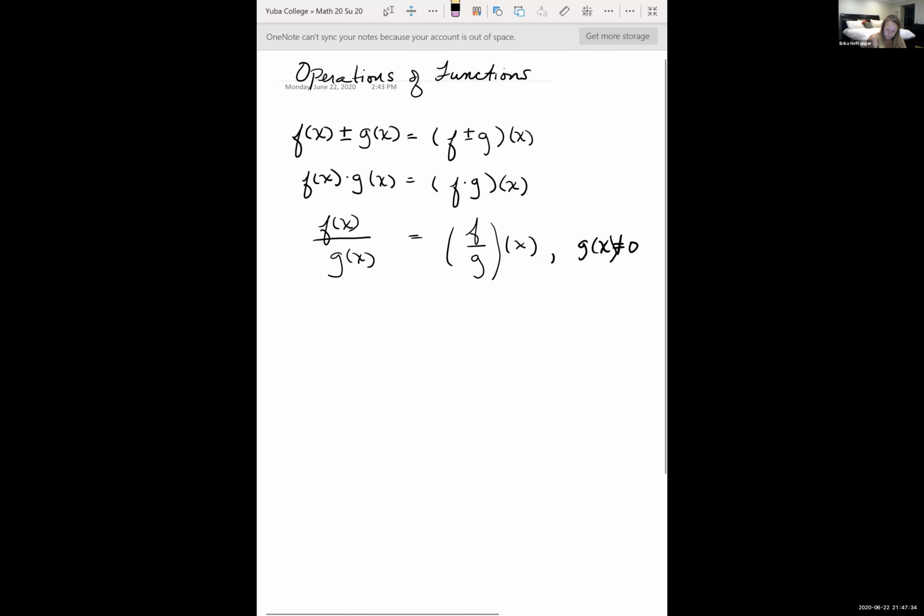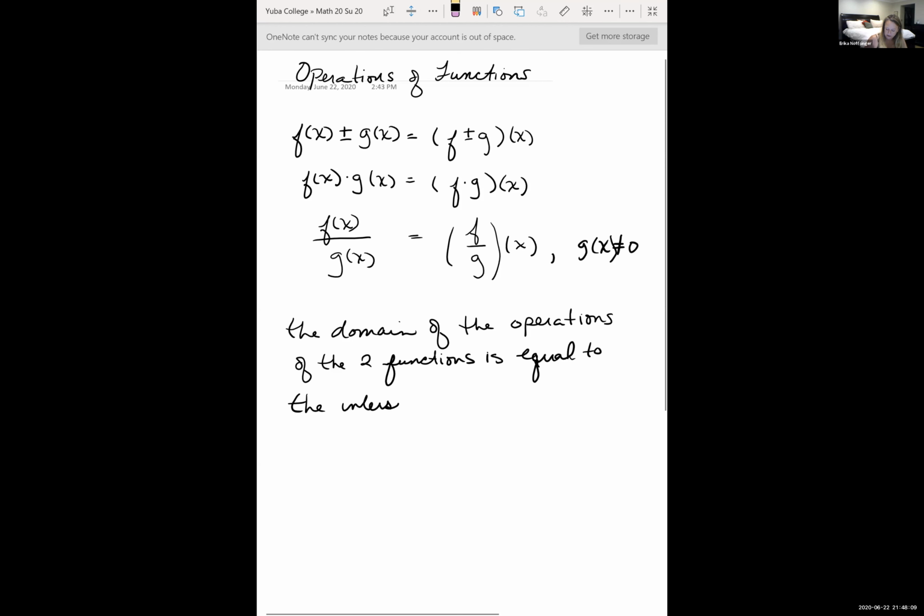Okay, so the domain of the operation of the two functions is equal to the intersection of the set of the domain of f of x and the set which is the domain of g of x.